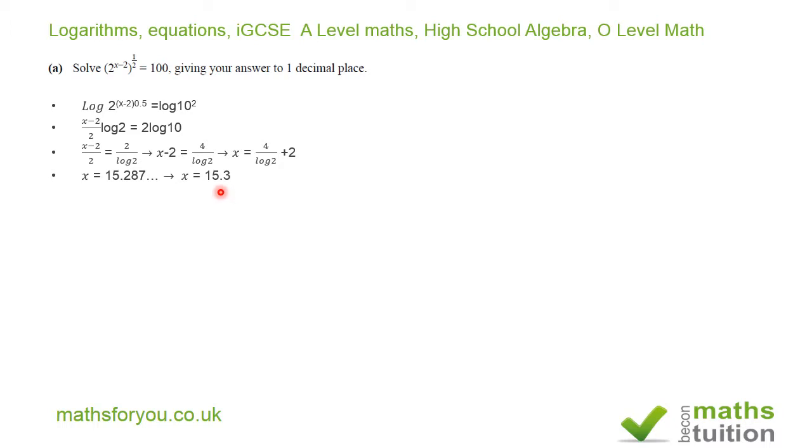Or you can also do, if you have time to memorize the powers of 2, you can also do this. 100 is 2 to the power 6.64385464. I remember this from my days in secondary school.